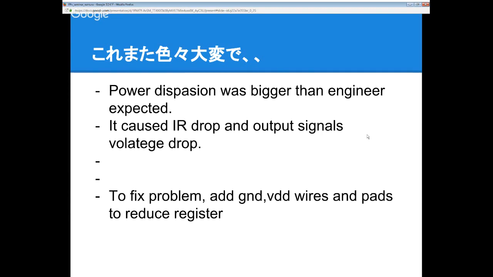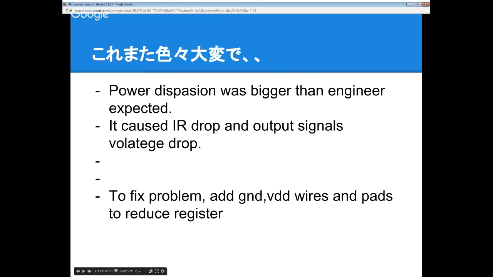So when we make a chip, we always have some trouble, but this is not a functional trouble. This is because of the fabrication problem. So I asked the third party to fix this IR drop problem. They added additional ground and VDD to reduce the resistance of the VDD and ground signals.